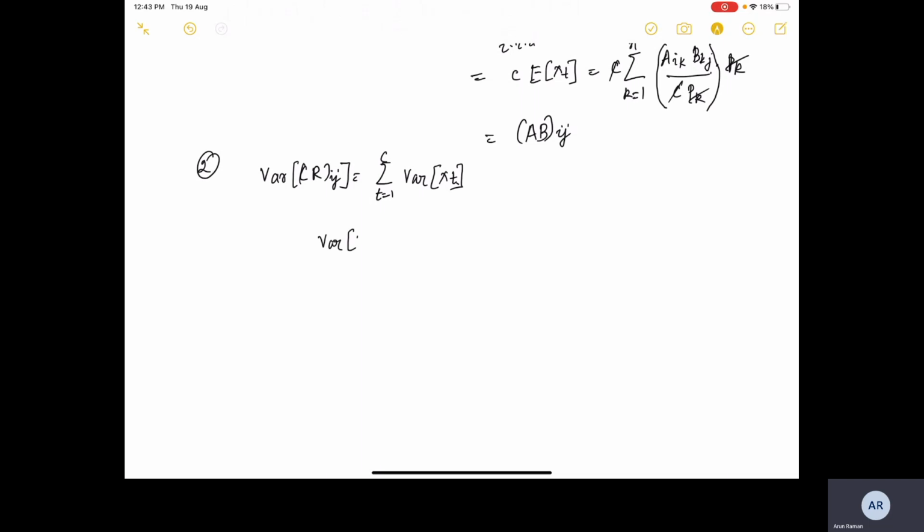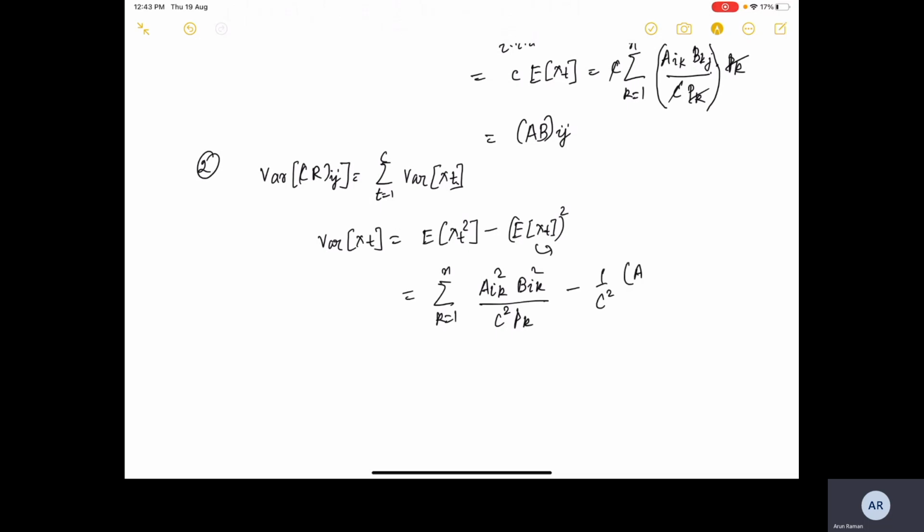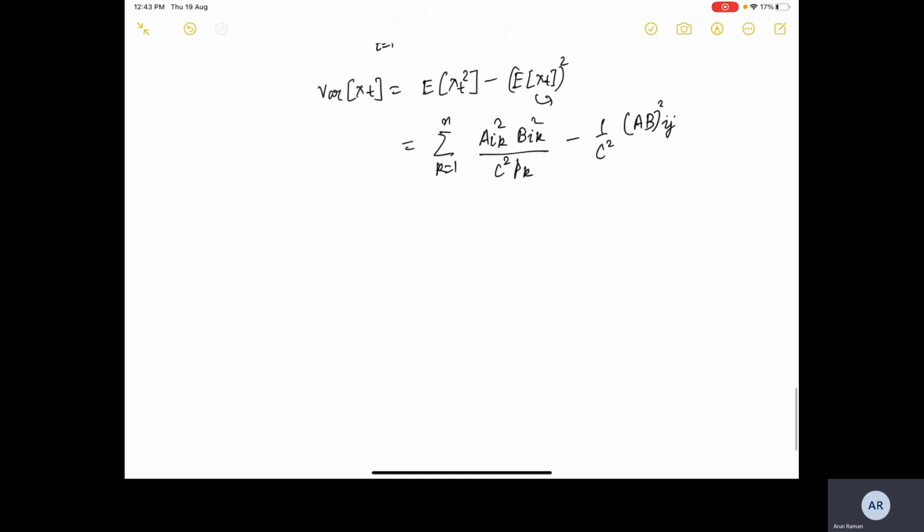When we recall that the variance involves the expected value of x_t squared, which we have already calculated, and substitute here, eventually we get the following. I am not going to go through the proof in detail, because it is simple algebra.